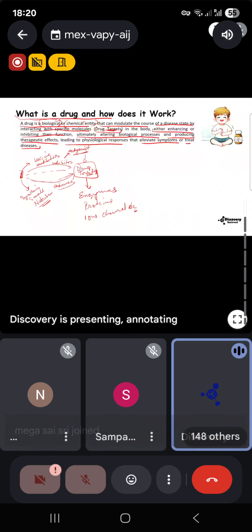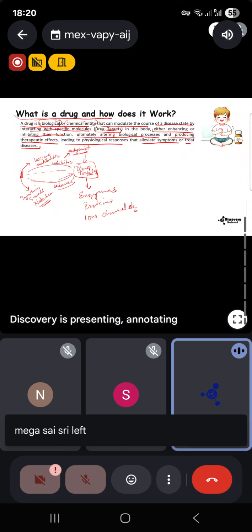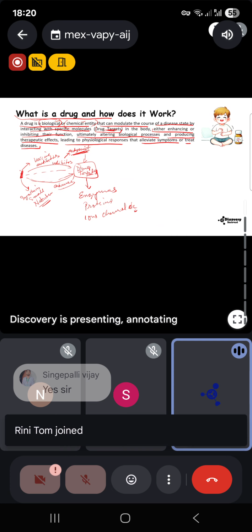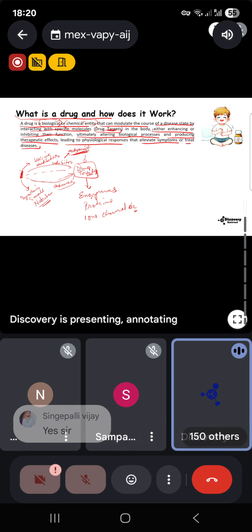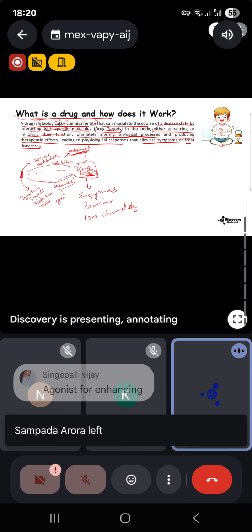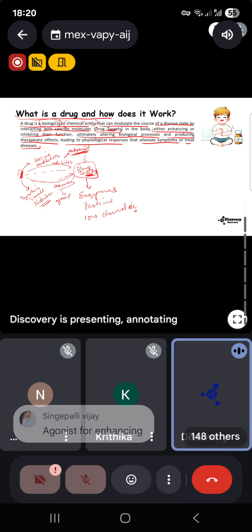If you read any paper related to drug discovery, you are going to find these terms frequently. If the potential drug molecule inhibits the function of the drug target, it will be called the antagonist, or if it enhances the function of the drug target, it will be called the agonist.